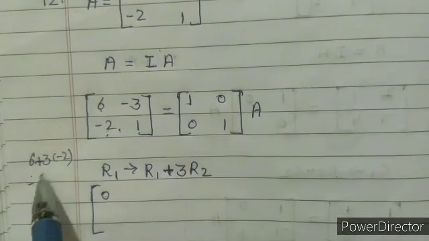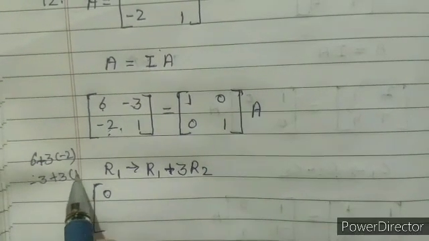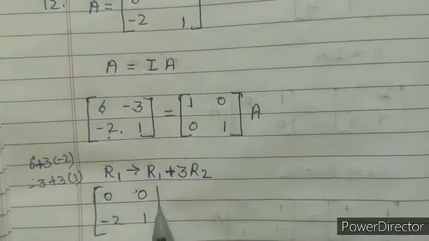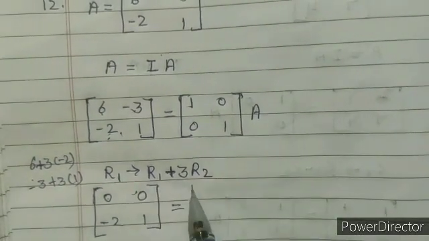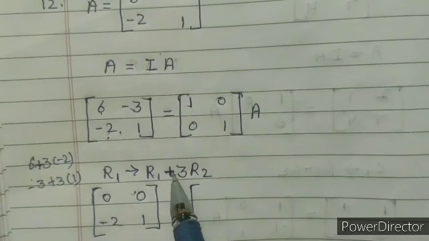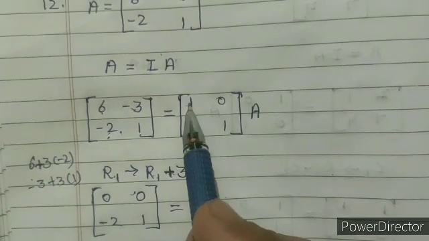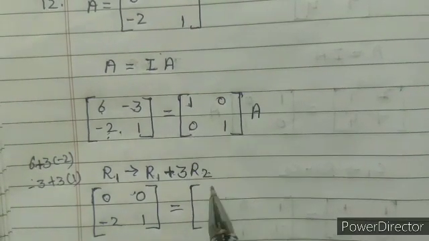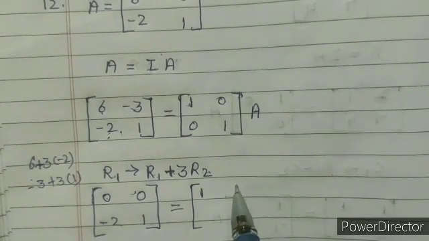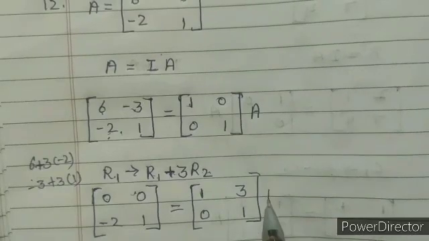Now the second element will be minus 3 plus 3 into 1, that will also give us 0, and the second row will remain the same. On the right hand side, we will apply the same transformation, that is row 1 plus 3 into row 2, and we are changing row 1. So 1 plus 3 into 0 will give us 1, 0 plus 3 into 1 will give us 3, and the second row will remain the same.